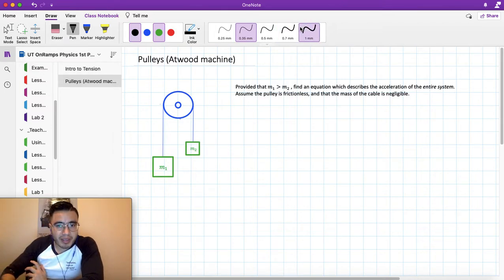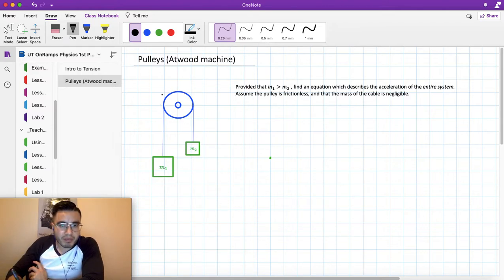As I said, the key is drawing a free body diagram for each of the masses. Even before I start doing that, notice that because mass 1 is larger than mass 2, we're going to have motion. There's going to be an acceleration, right?